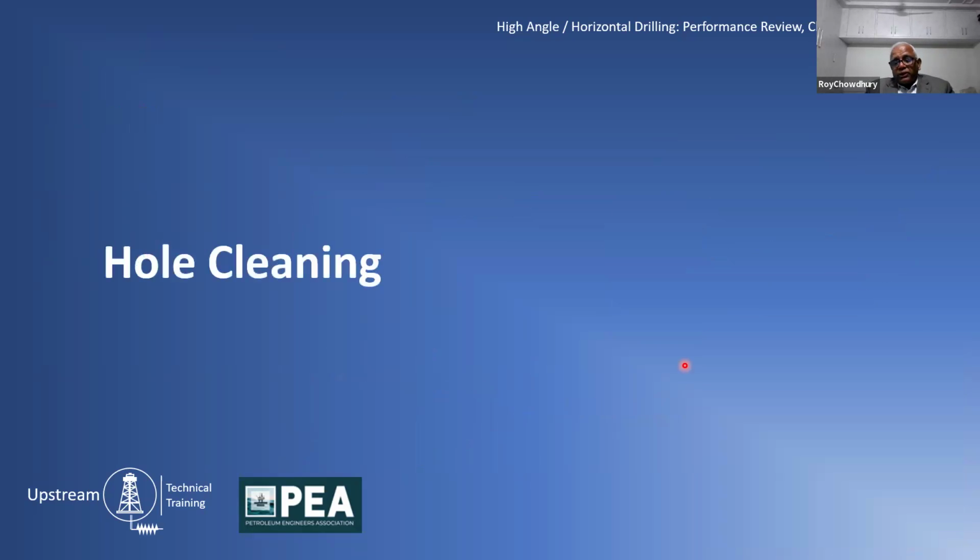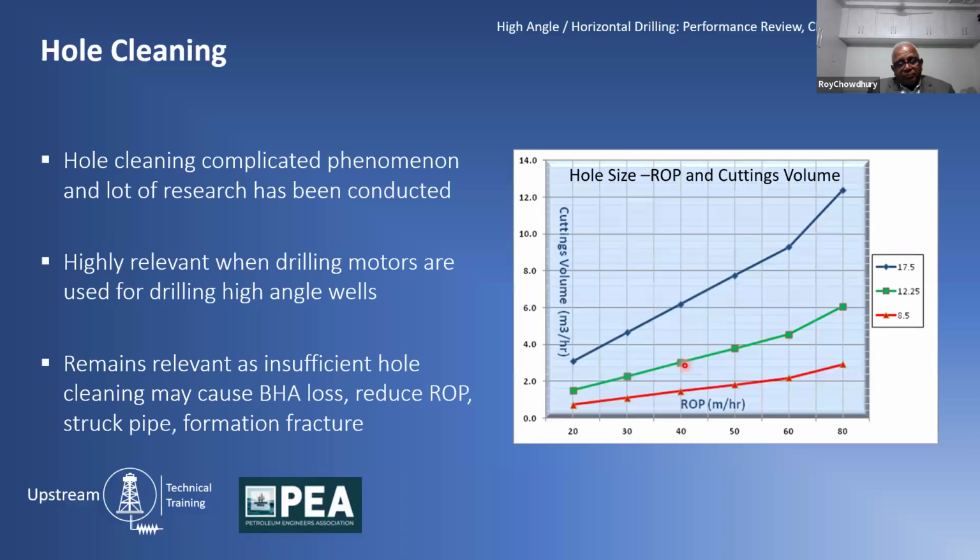Now, probably one of the most important topics for today is hole cleaning. Based on the hole size that you drill, you have a lot of cuttings coming out of the hole.